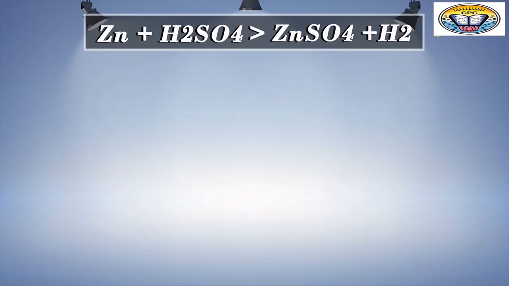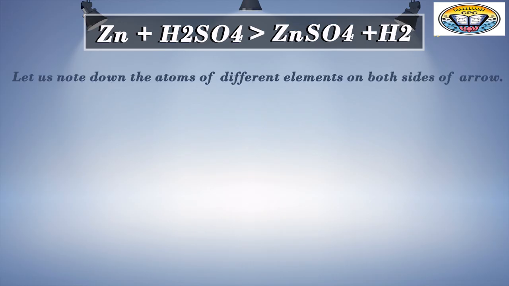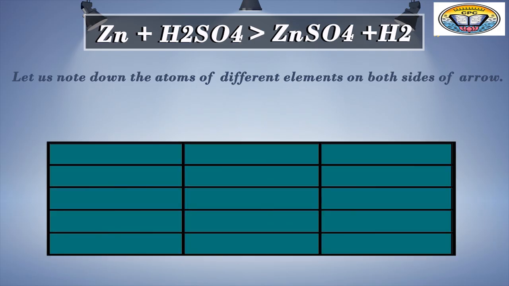Now in this reaction, let us note down the number of elements on both sides of the arrow and tabulate them. Let us make 3 columns: element, number of atoms on the left hand side of the arrow, number of atoms on the right hand side of the arrow.